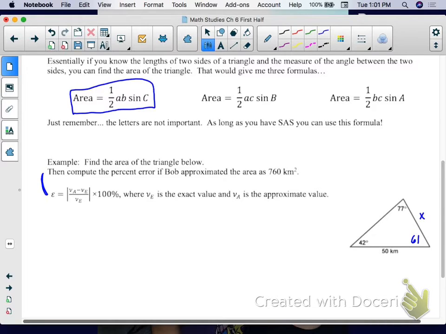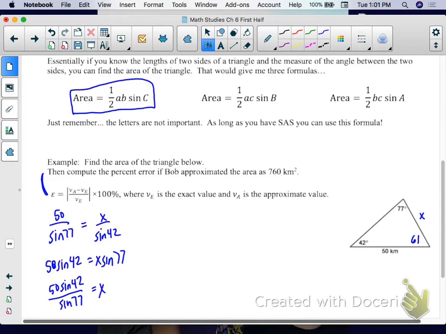So that's going to be 50 over the sine of 77, that's my complete pair, is equal to X over the sine of 42. So we'll cross multiply. 50 sine of 42 is equal to X sine of 77. Divide by sine of 77. And again, I don't need you to write all this stuff down if you're cool with just kind of skipping here.